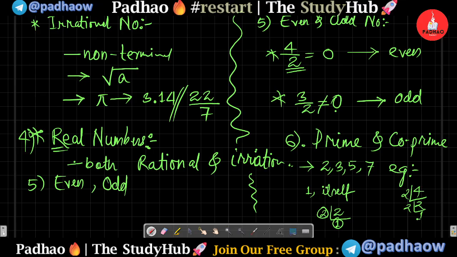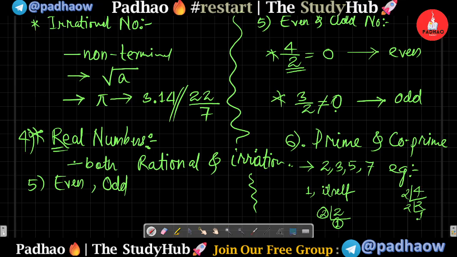Then what are co-prime numbers? Numbers which have no common factors except one are called co-prime numbers. Any two numbers which have no common factors except one are called co-prime numbers.